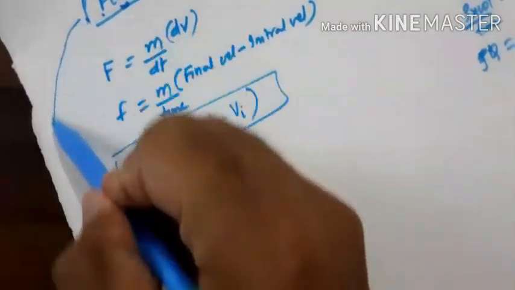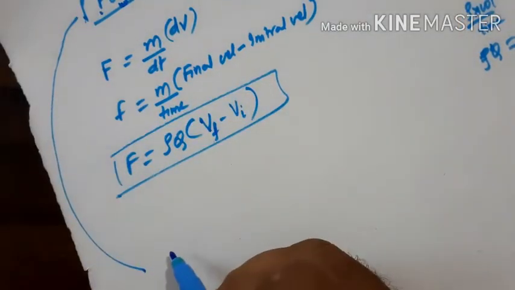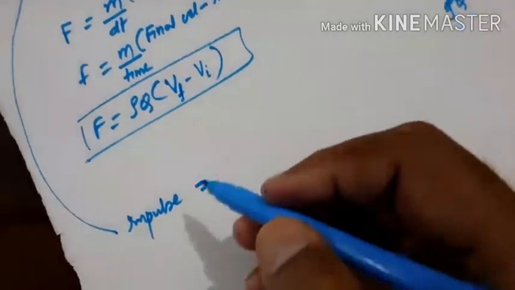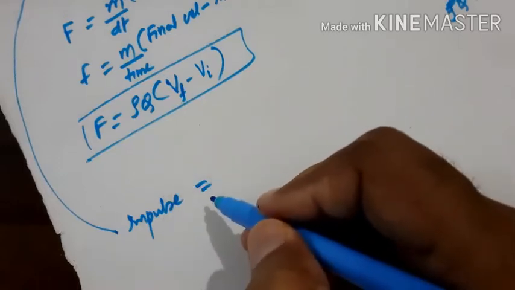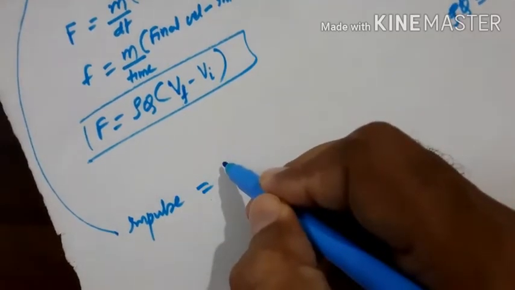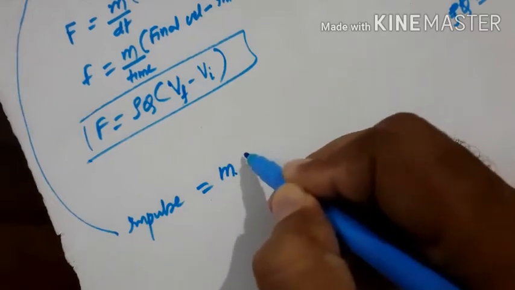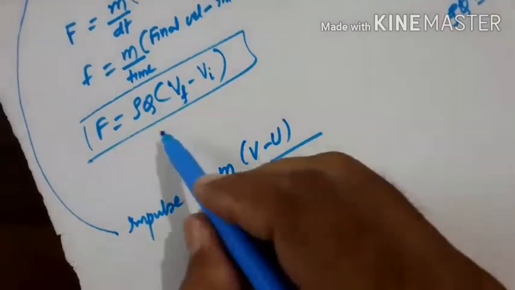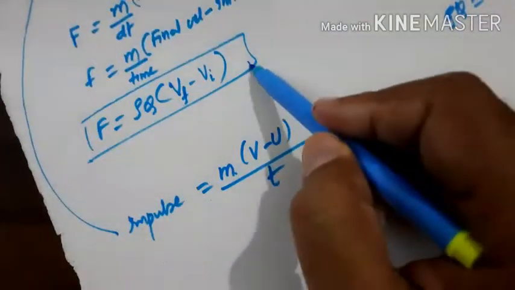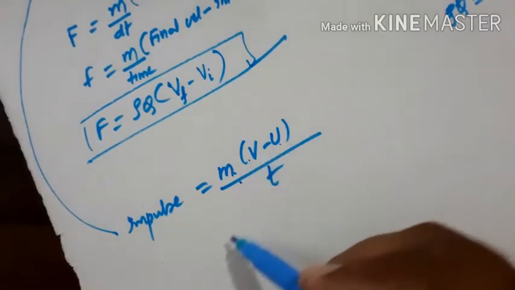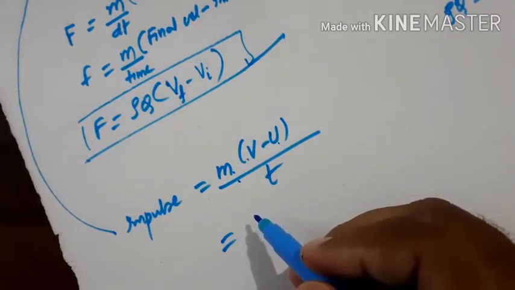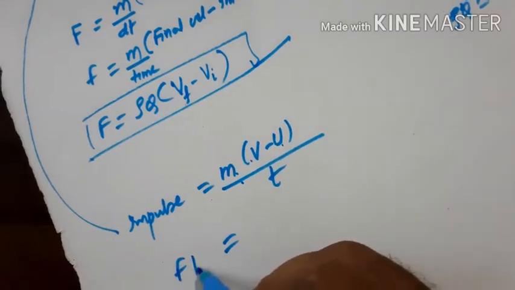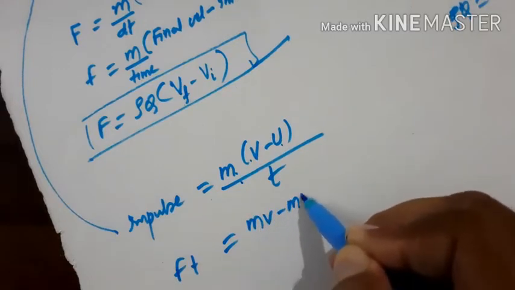Hence in this one, so impulse, you can write from that one m into v minus u divided by time. Okay, from this also same. So m into v minus u, then here you get, so I can write F into t equals mv minus mu.